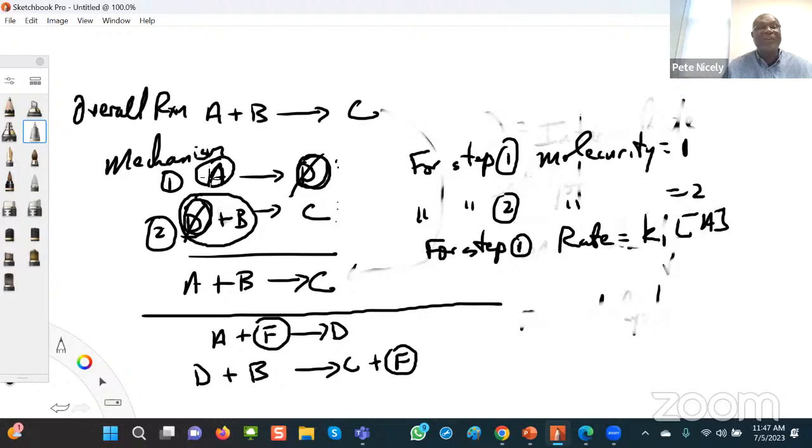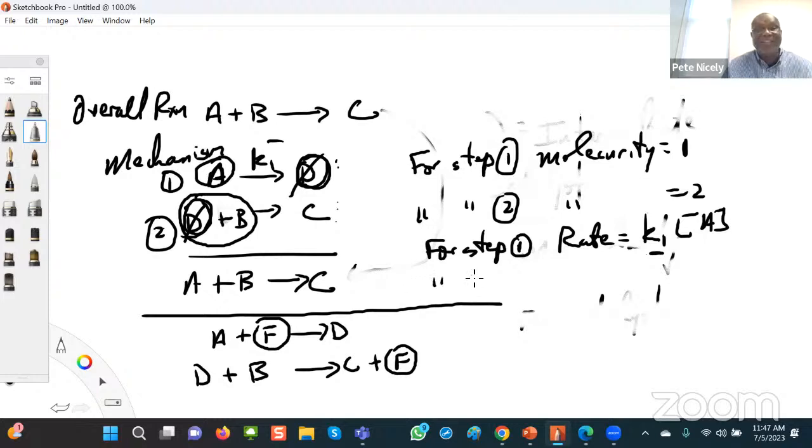So basically, in order for you to write down the rate law for that elementary step, you simply multiply its rate constant by the concentration of the reactant. So I'm just going to put K1 here for step 1, right? That would be the rate constant for step 1.